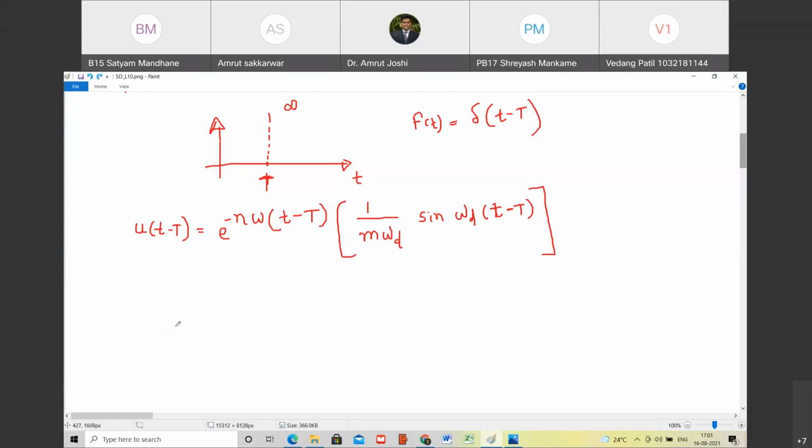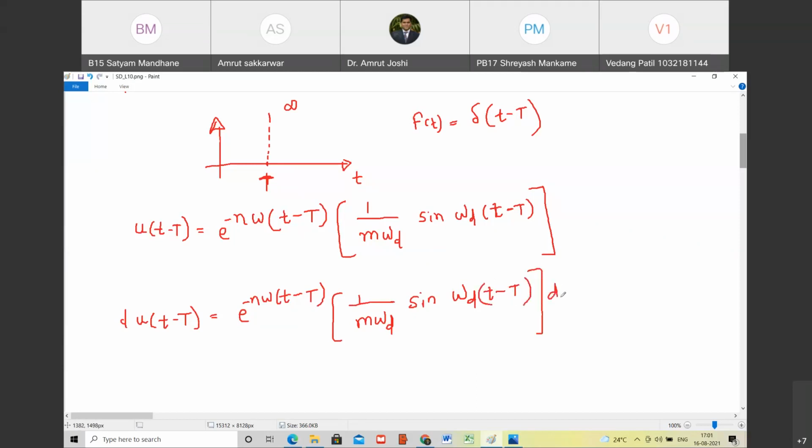Just a minute. u of t minus T will be equal to e raised to minus eta omega (t minus capital T), into bracket 1 upon m omega d, sine of omega d (t minus capital T), exactly into dt.